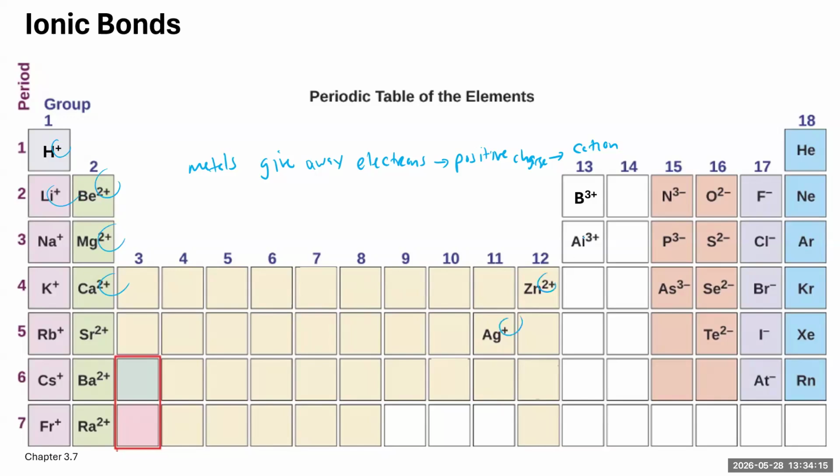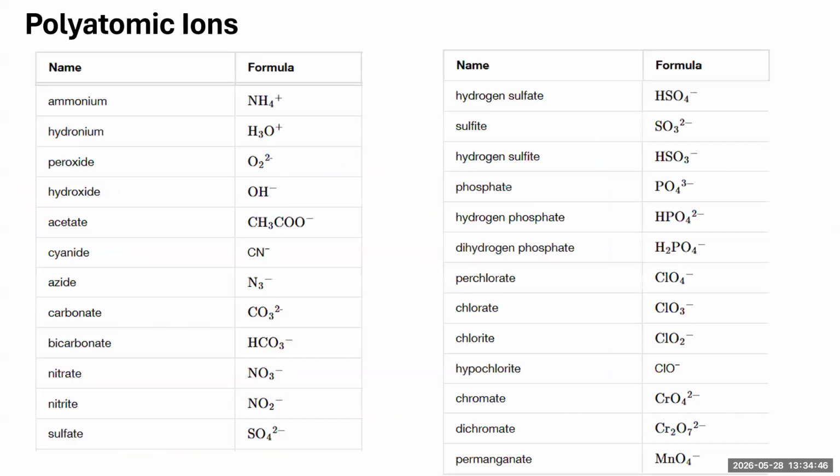Non-metals share or take electrons. So they're negative, and they'll be the anions. Again, we covered this before. We're just talking about it again because it's relevant for this specific topic. Because we're going to bond metals and non-metals.